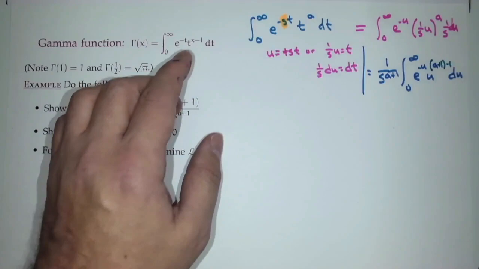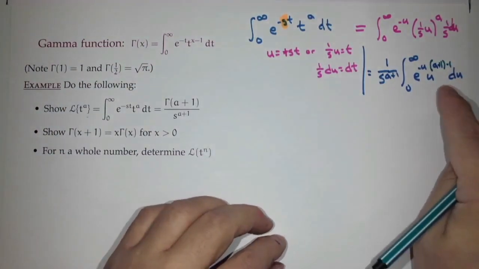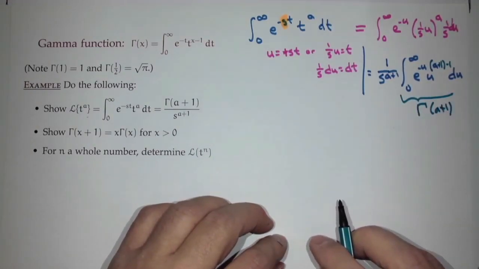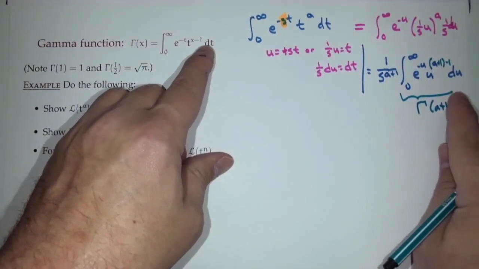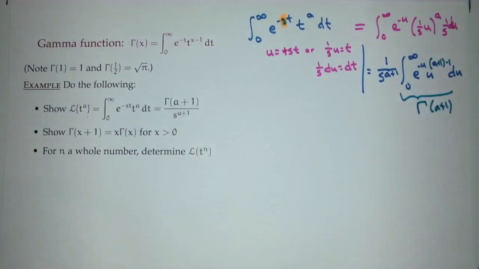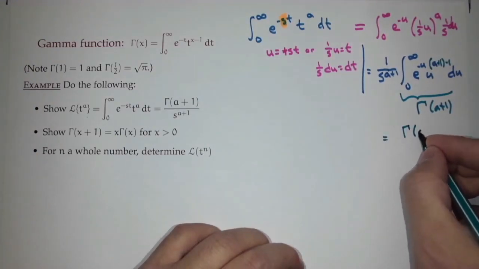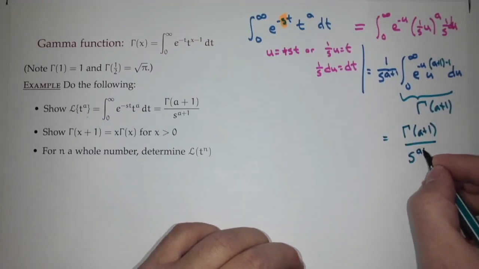Whoa, I know. This is gamma a plus 1. Everything's the same other than the fact that t has become u. But t becoming u is just saying, hey, I can change my names. It's still the same thing. And therefore, we end up with gamma of a plus 1 over s to the power a plus 1.